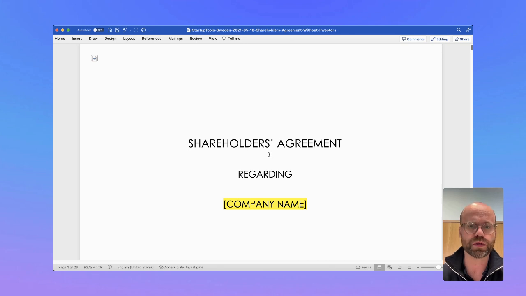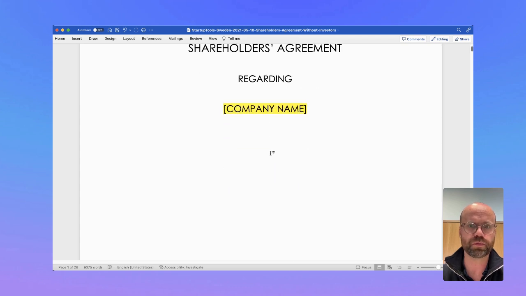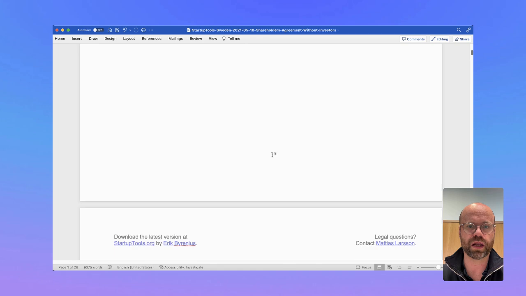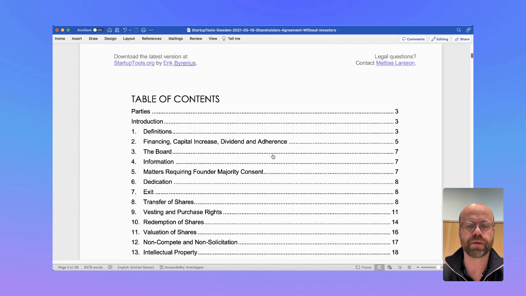So let's go through some of the things in the shareholders agreement. First of all, there are a bunch of yellow placeholders here where you can change numbers and so on, that the creator of this document has set up because you might want to do it in slightly different ways sometimes, so there are some template placeholders here in yellow.